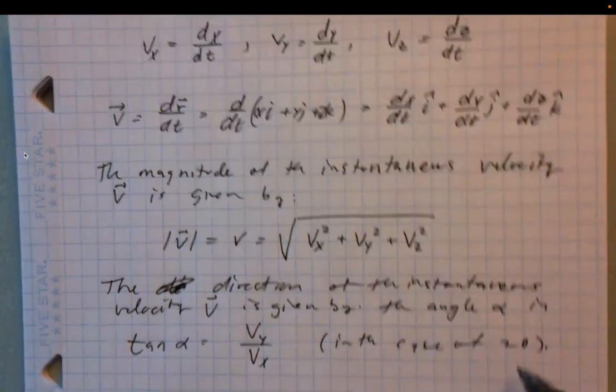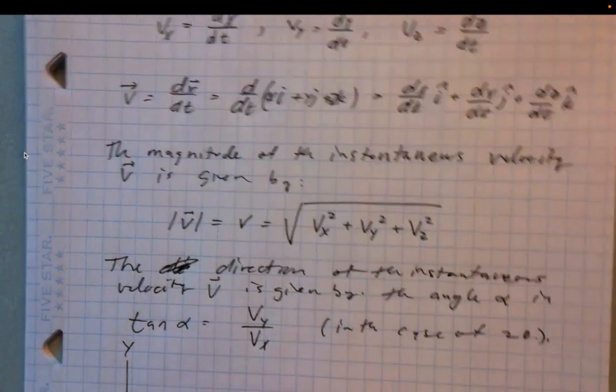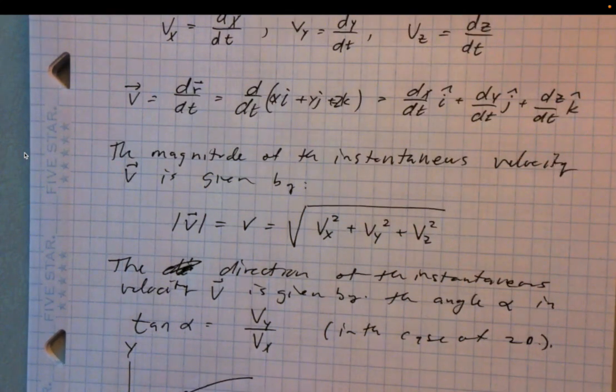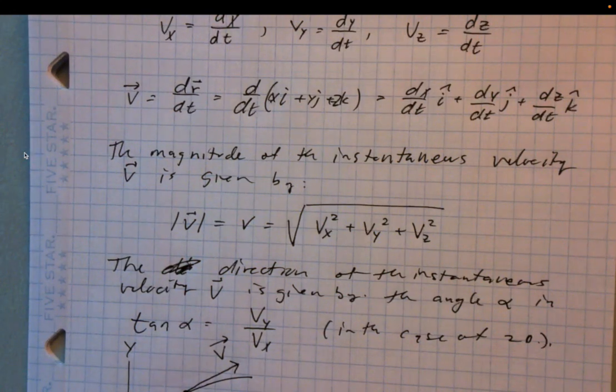And so sometimes this is important, right? If you think about it, I'm in the xy plane. Then I've got some path here, and my velocity vector looks like this maybe. Well, my velocity vector is going to have an x component, and it's going to have a y component.